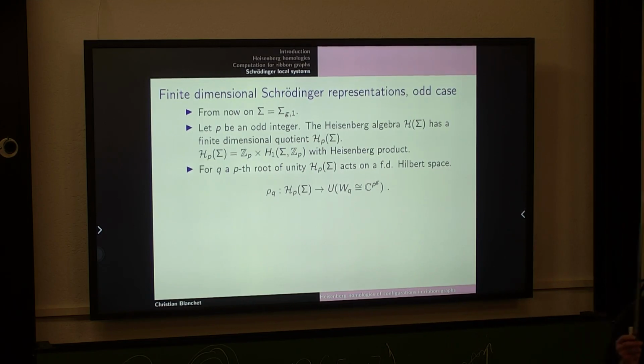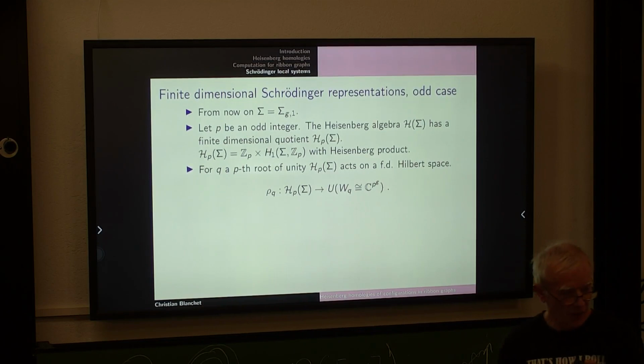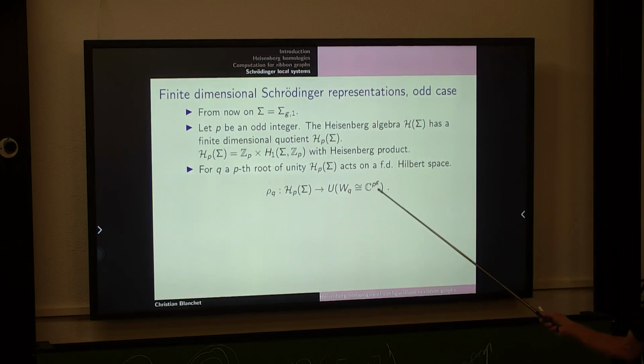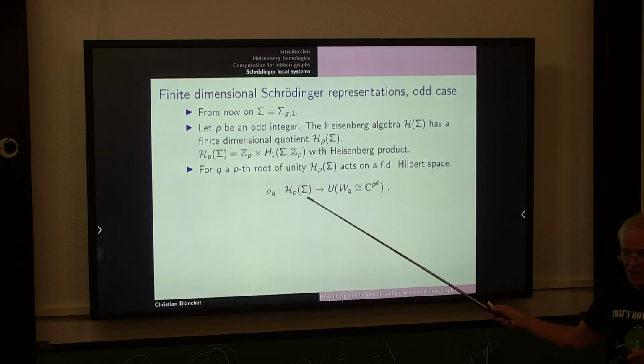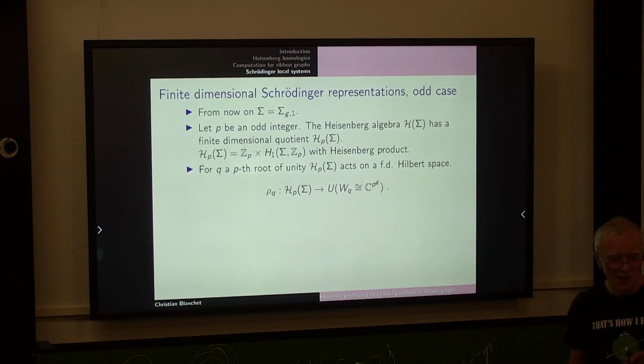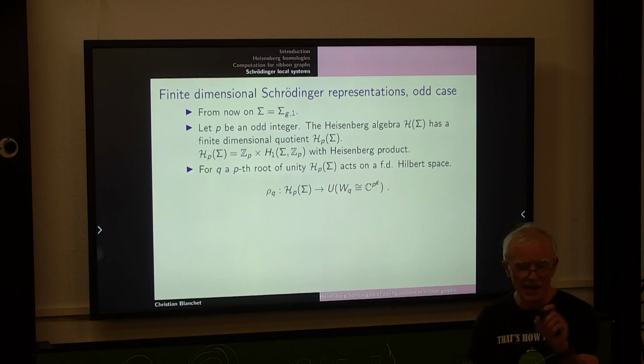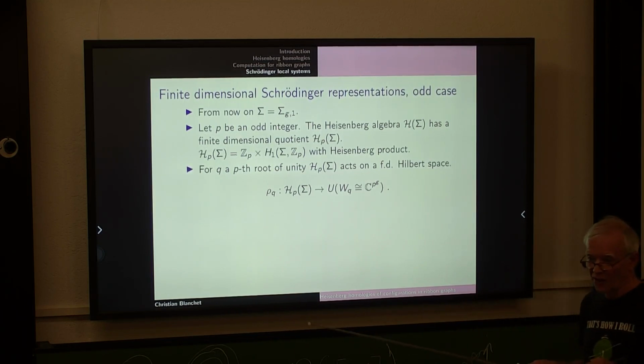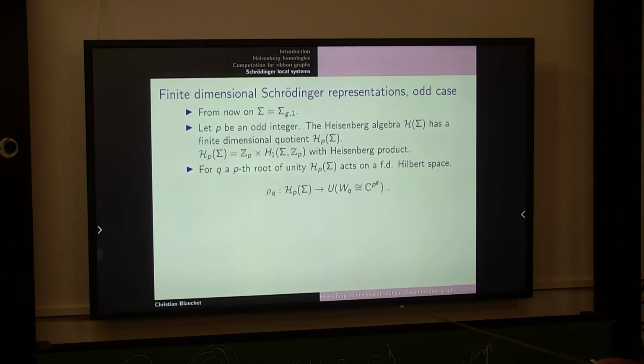Very quickly for algebraists here, and there are many, you can construct this representation by fixing a character on a maximal abelian subgroup in the finite Heisenberg group. If you take a Lagrangian, you have a maximal abelian subgroup. You take a one-dimensional representation of this and you induce.